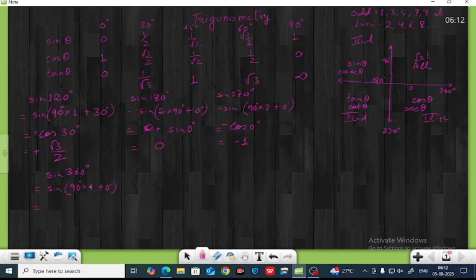Since it is 4, an even number, it will be the same, that is sin 0, and 360 degree is in the fourth quadrant, where the value of sin is negative, but the value of sin 0 is 0, right? That means the value of sin 360 degree is 0. Sin 180 degree is 0, sin 270 is equal to minus 1, and sin 360 degree is equal to 0, right?